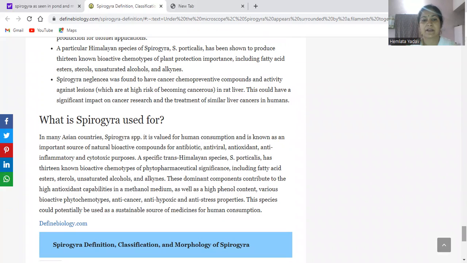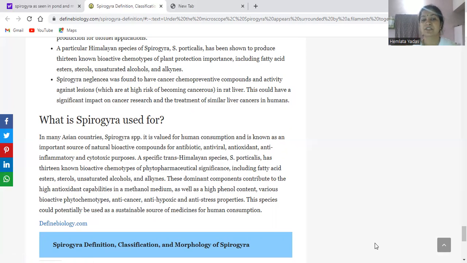Now, what is Spirogyra used for? In many Asian countries, some Spirogyra species are valued for human consumption. It is also known as an important source of natural biotic compounds for antibiotic, antiviral, antioxidant, and anti-inflammatory purposes. It is also important because it produces bioactive chemicals.